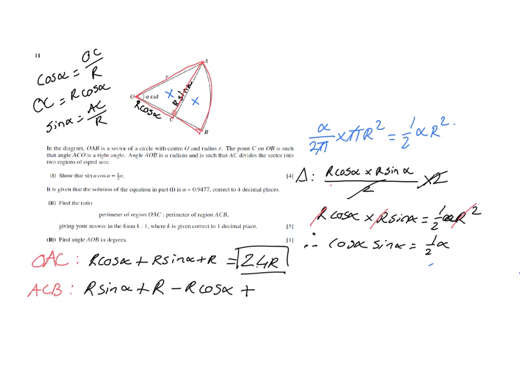Part 1 is r sine alpha, part 2 is the radius take away r cosine of alpha. And now that part, which is an arc, is part of the entire circumference.